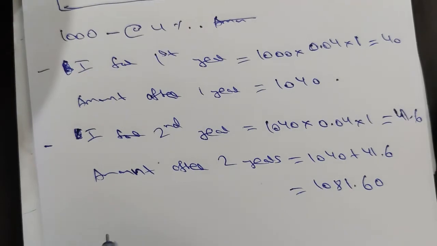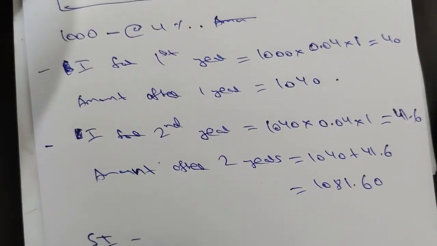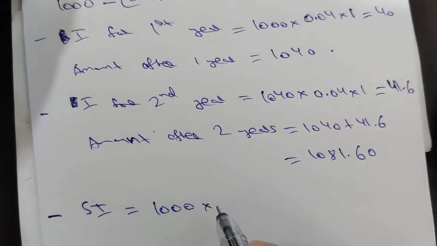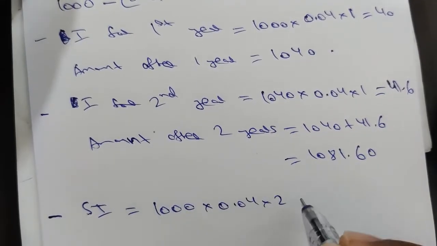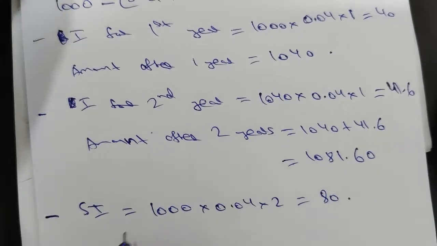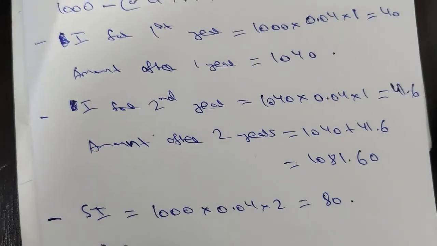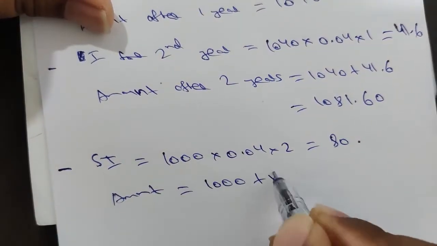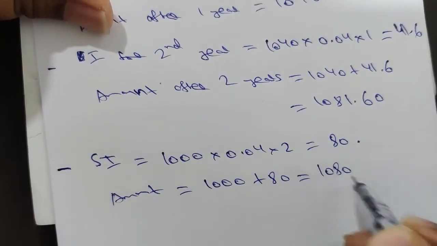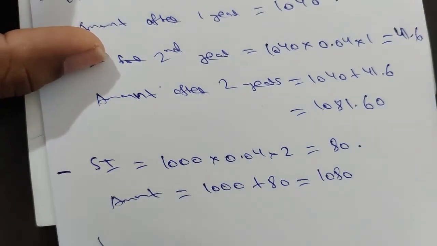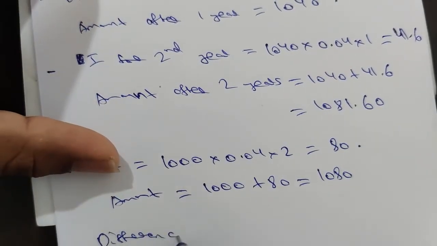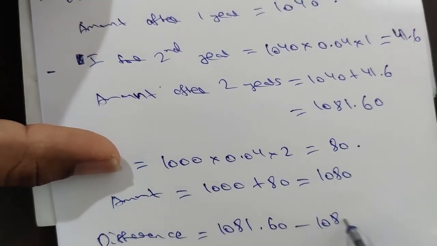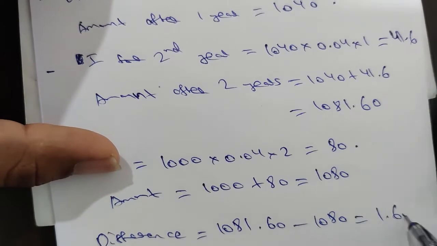Now had this been simple interest, what would have been our answer? 1000 into 0.04 into 2, which becomes 80 rupees, and amount would be 1000 plus 80, 1080. So what is this difference? 1081.6 minus 1080, 1.6.